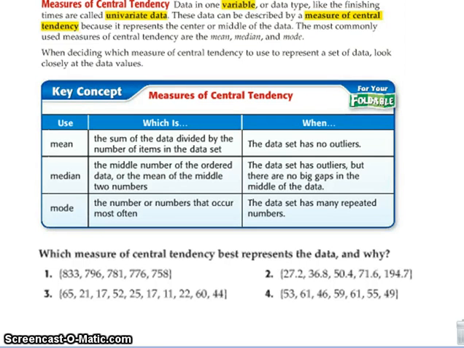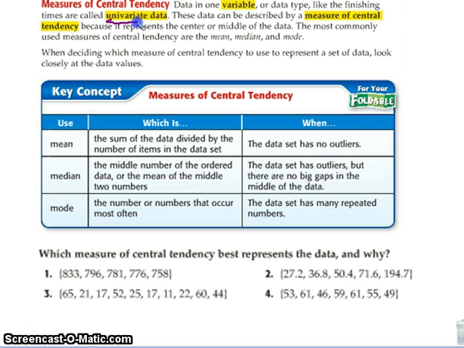Okay, so today we're going to talk about measures of central tendency, and all of the information that you see in that chart, every single one of you have seen before. Measures of central tendency deals with data in one variable. You need to write down univariate data because you may see this word in the future, and I want to make sure you have that in your notes.